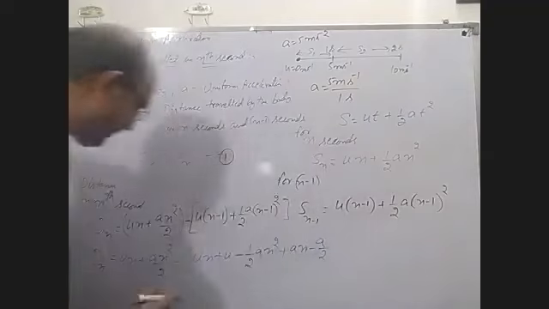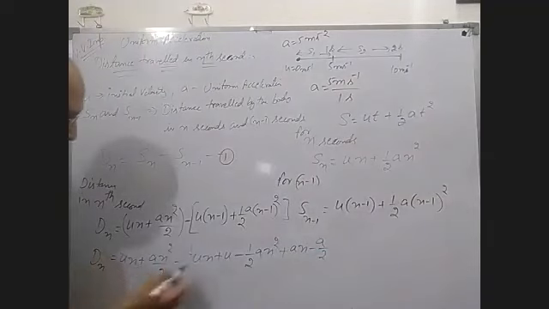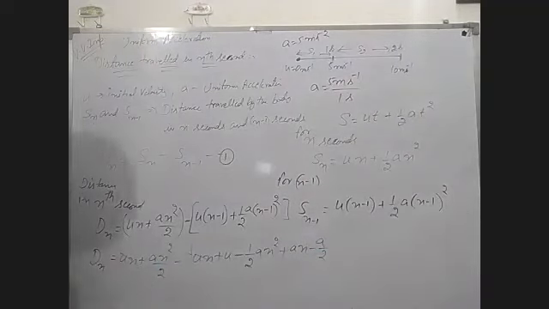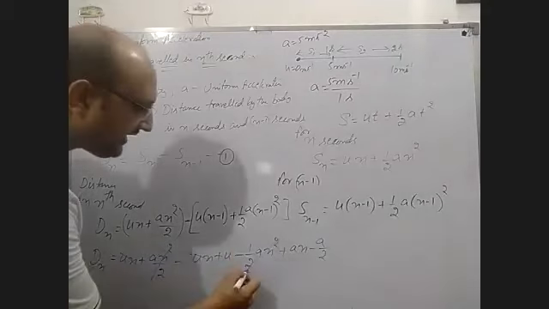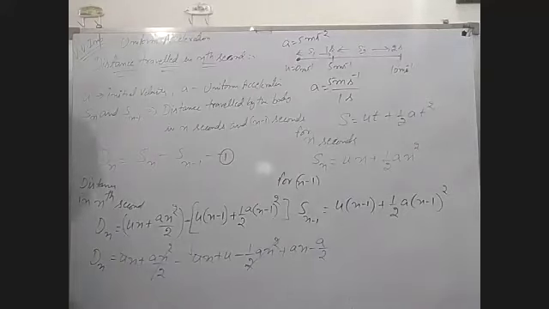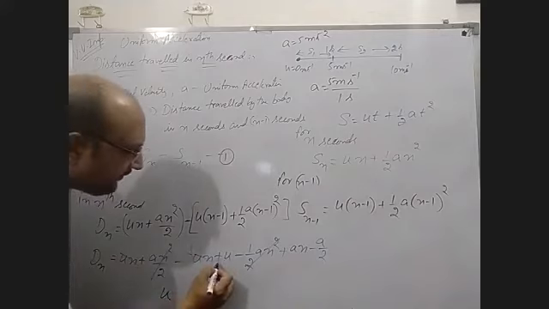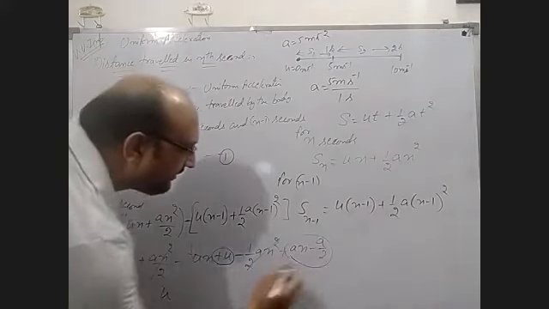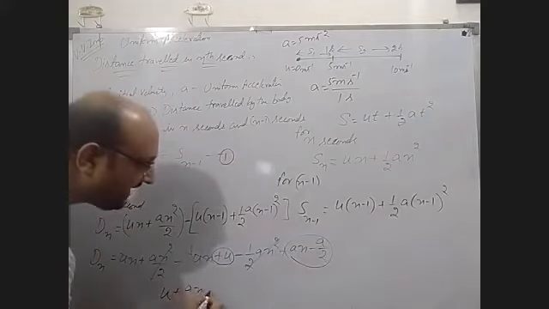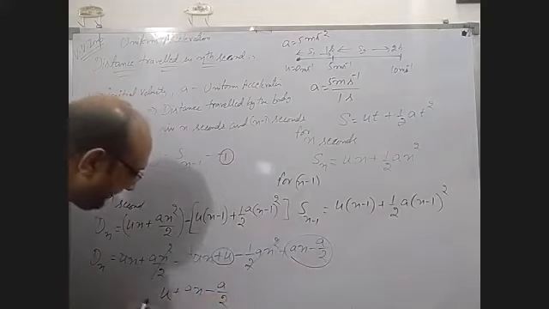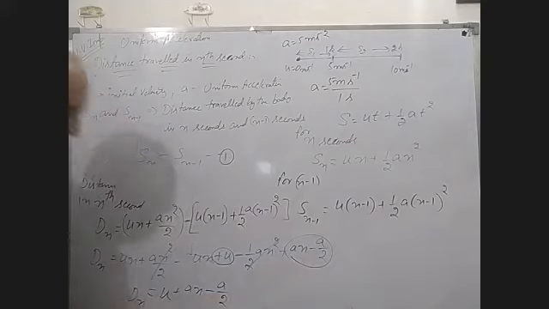Now u n and u n cancel, a n square by 2 and a n square by 2 cancel, and the remaining thing is plus u and plus a n minus a by 2. This is d n.